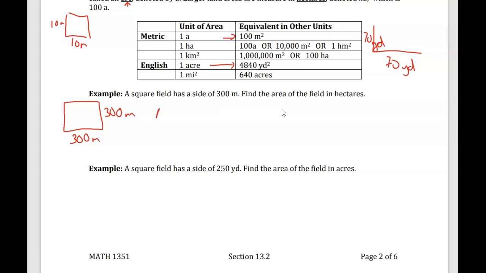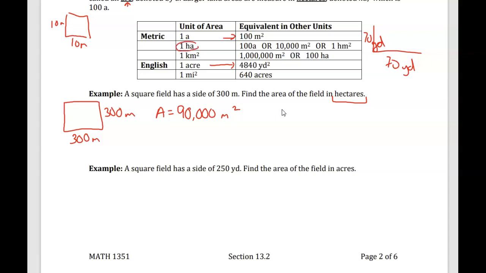We know that the area is going to be 90,000 meters squared. 300 times 300. Okay? We want to convert that into hectares.